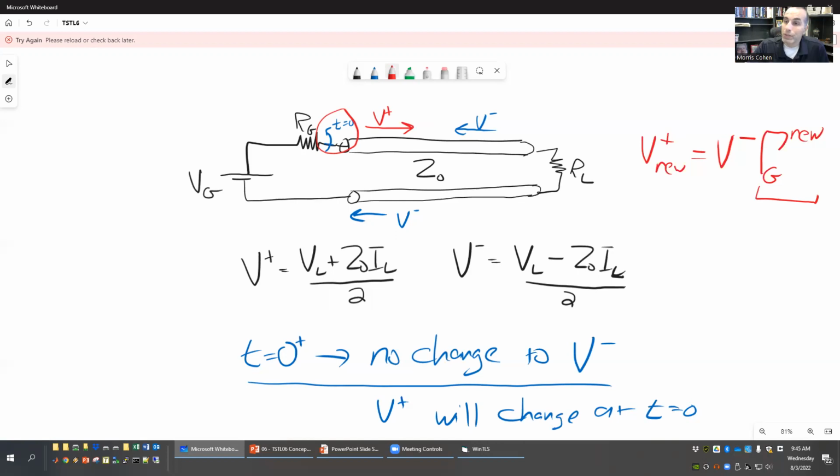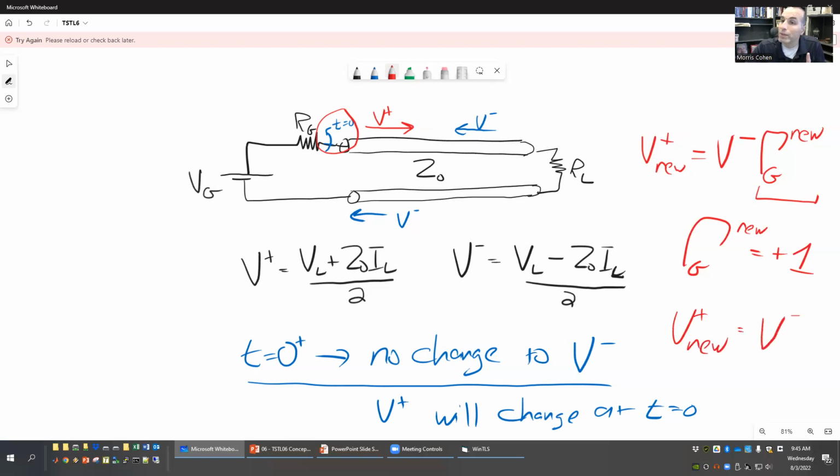The reflection coefficient at the generator side will be what it will be established after we open the switch. So when we open the switch, the transmission line ends up with an open circuit. An open circuit has a value of gamma G of +1. So that just means that V positive new, in this case, is just the same as V negative.